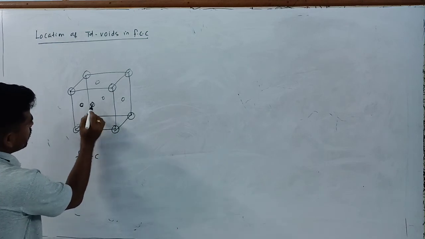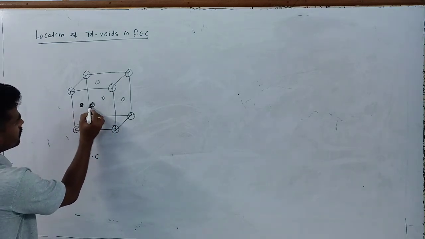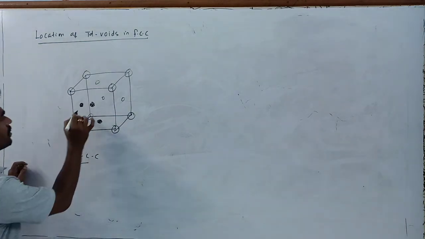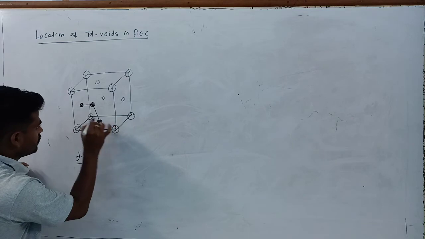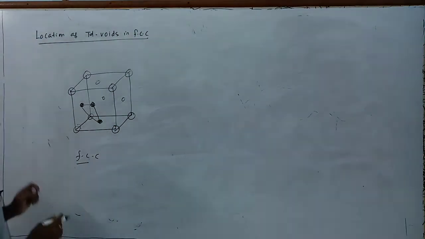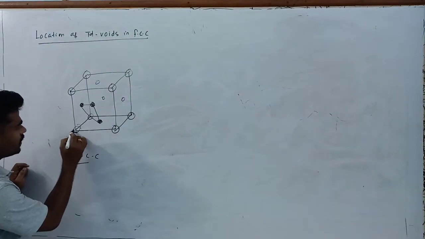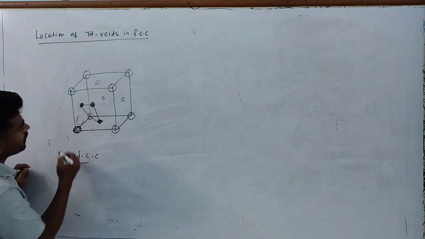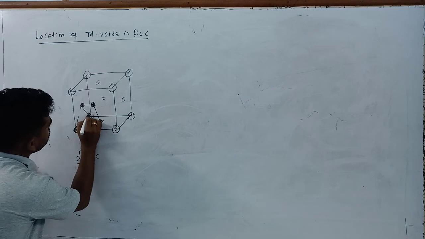I am labeling these 3 spheres. If these are the 3 spheres at the bottom, and the 4th one is this sphere, if I join all these, definitely a tetrahedral void I am getting at this central position.